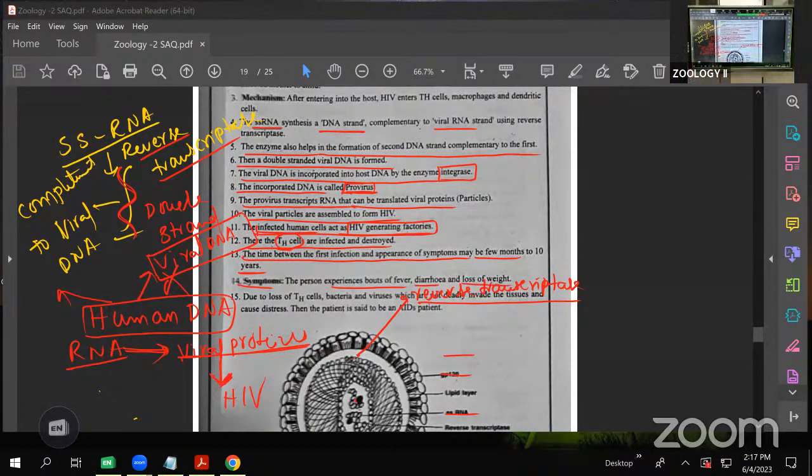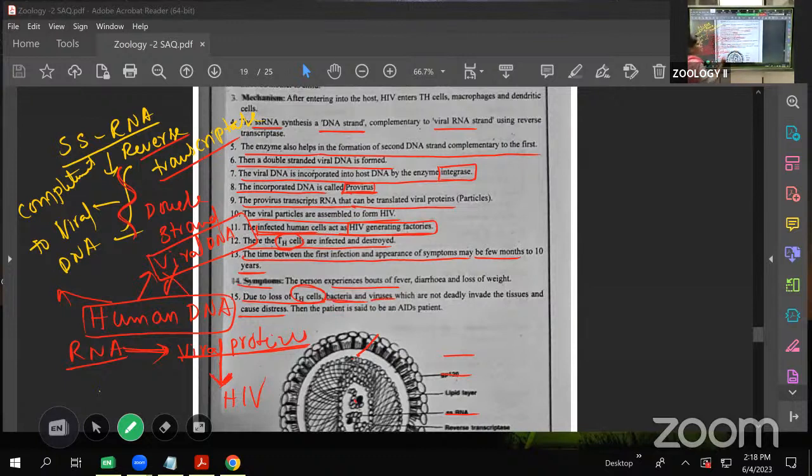Clear? Next, due to the loss of T helper cells, the bacteria and viruses which are not deadly invade the tissues and cause distress. It means the T helper cells are no longer perfectly controlling the viruses and bacteria.